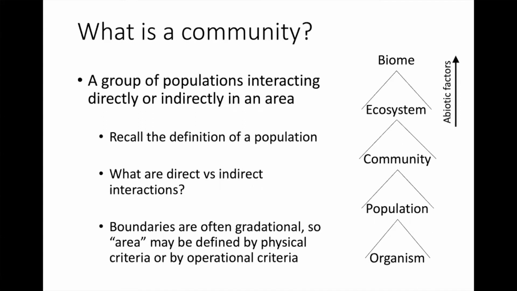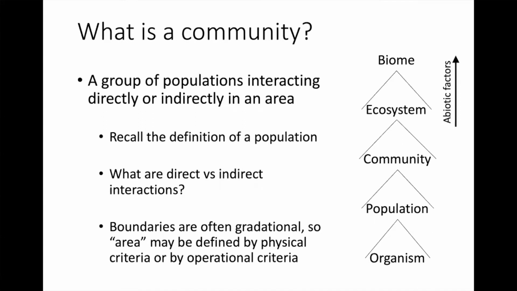What are the boundaries at Cons of Prairie? Yeah, so at one scale, the boundaries are the fence lines or the fire breaks around the watersheds. So you can also think about the boundaries of a community being operational, something that you have to impose as the researcher in order to make your questions answerable.